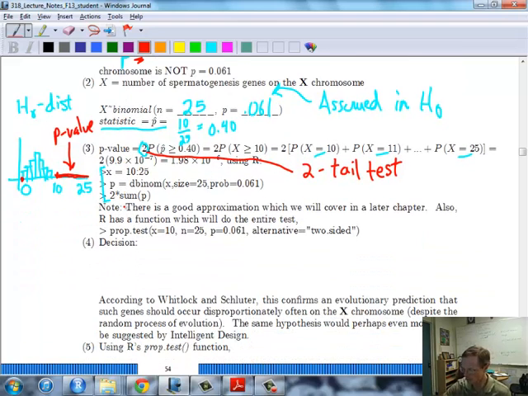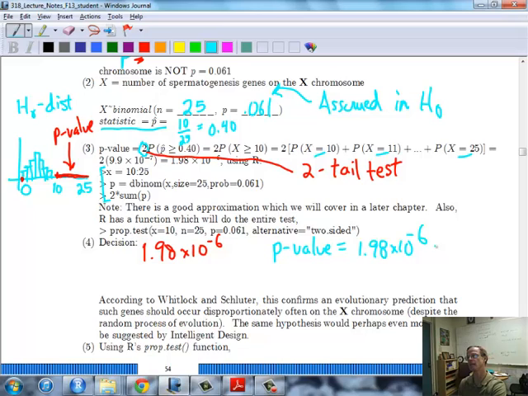All right, when we run that on R, we come up with 1.98 times 10 to the negative 6. You can tell that's a teeny weeny little value. So here's how we make the decision. It's always p-value versus alpha. So the p-value is 1.98 times 10 to the negative 6. It is way less than, let's just say 0.05, which is our alpha.